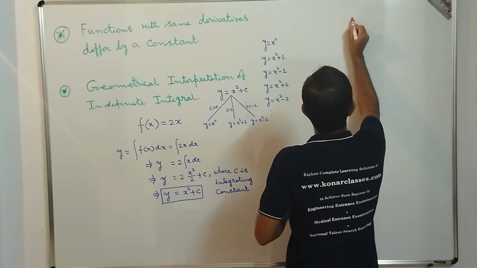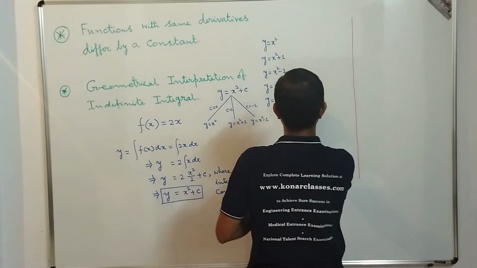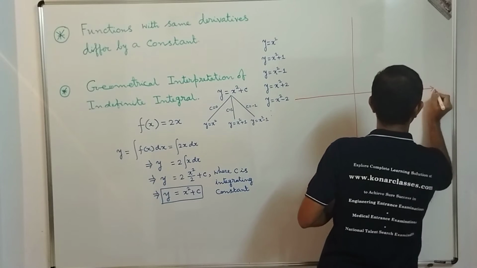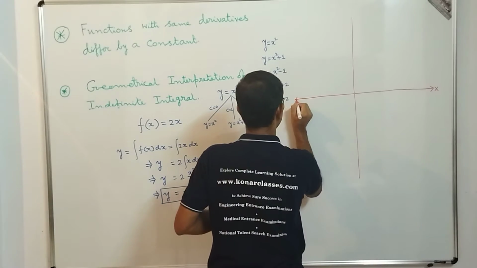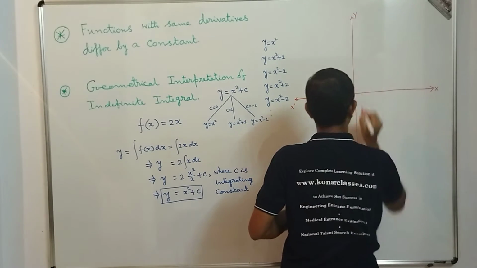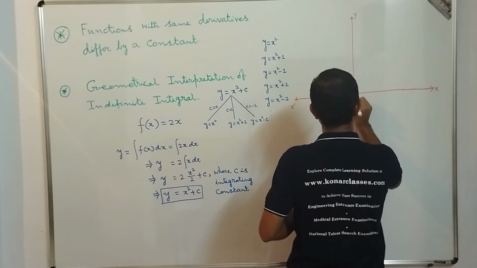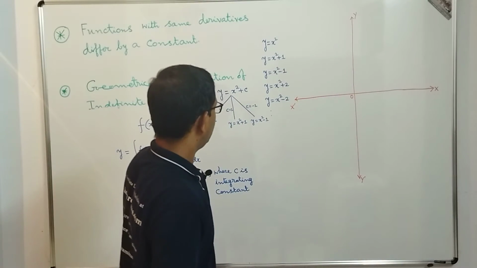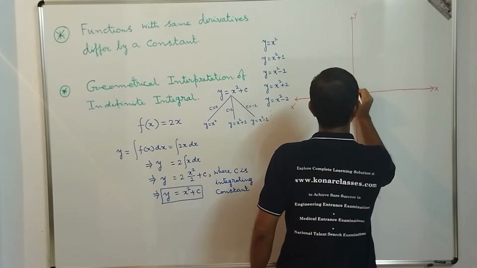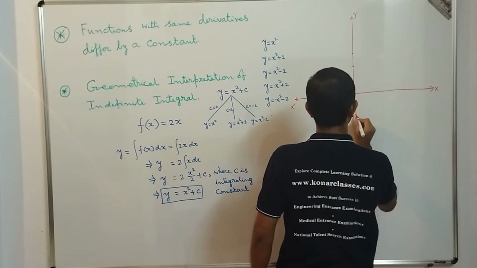Let's consider this is the y-axis and this is the x-axis. This is the positive direction of the x-axis, this is the negative direction of the x-axis, this is the positive direction of the y-axis, this is the negative direction of the y-axis, and this is the origin. Now we take points along the y-axis: this is 1, 2, 3, and in that way it will proceed.